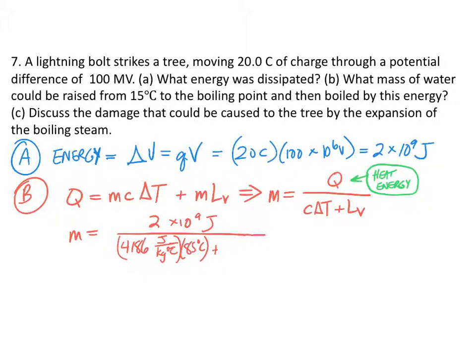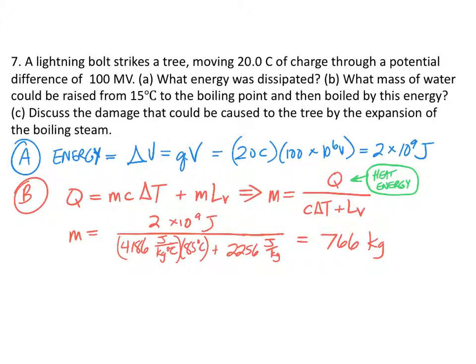Plus the latent heat of vaporization, which is something you would look up in a table, which is, for water, 2256 joules per kilogram. So thankfully those are common units in the denominator. And all of this works out to 766 kilograms of water.